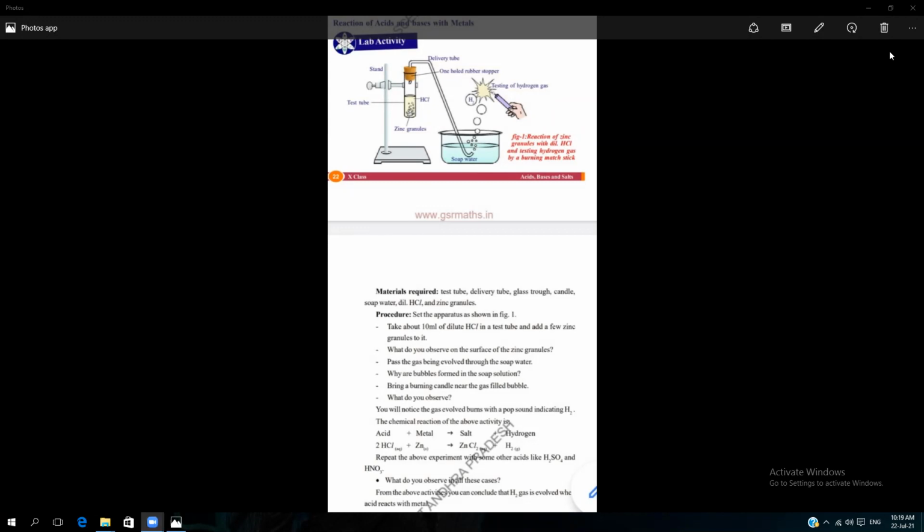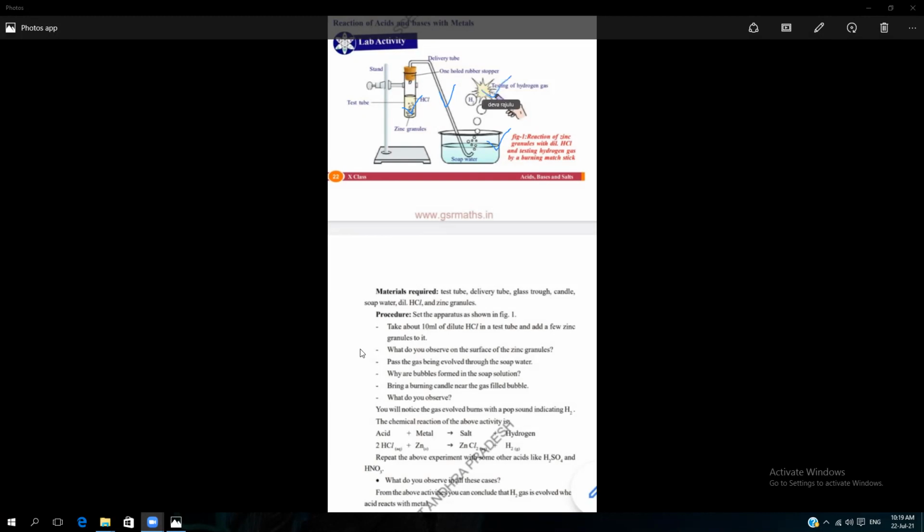We need some materials. The materials are a test tube, a delivery tube, a glass straw, and a candle.